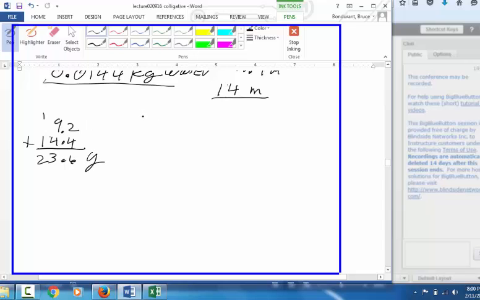Then I take 9.2 over 23.6 times 100, not 1,000, 100%.